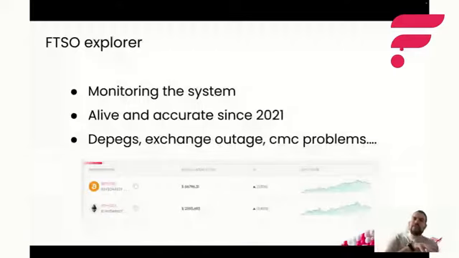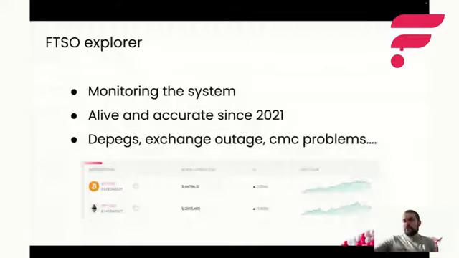The FTSO system never reported a bad price. Even if a few data providers reported a bad price, the rest of the stake pulled the price to the correct level. Even if an exchange was out, the data providers quickly figured out that the exchange was submitting a bogus price, and their price was way off from the correct price, so the rewarding was broken.